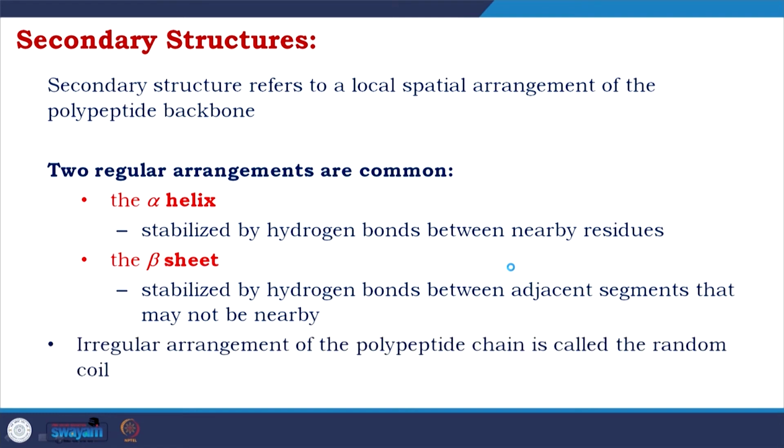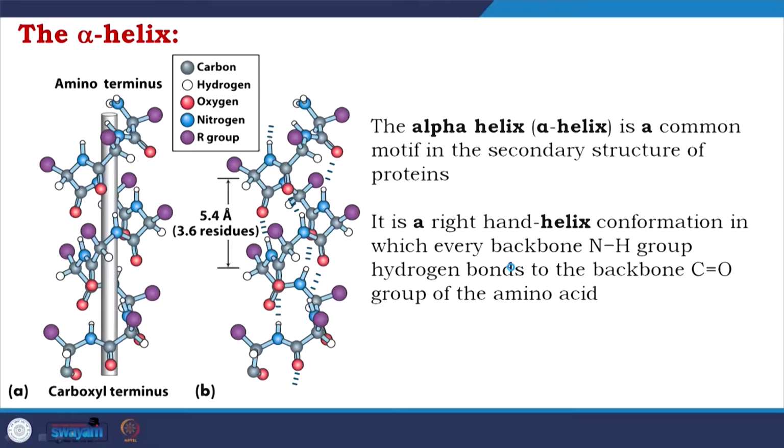Irregular arrangement of polypeptide chain is called random coil, loop or turn. So, there is alpha helix, there is beta sheet, and there are irregular ones which are called either loop or turn or random coil. Alpha helix is a common motif in the secondary structure of protein.